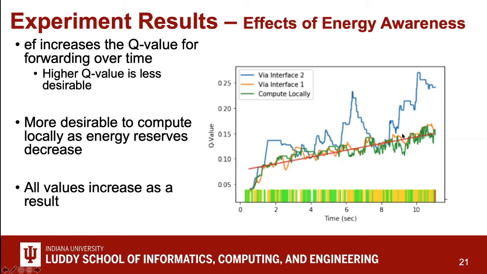As time goes by and energy storage reduces, the cost of everything slowly increases, but ultimately the cost of computing locally becomes more favorable. And you can see that here, these tick marks represent decisions that were made, where green is forward and yellow is compute locally. As you can see, the density of them changes as time goes by and the energy factor biases towards computing locally.